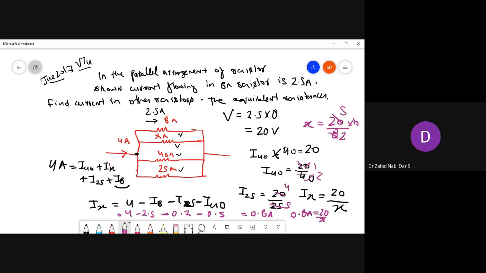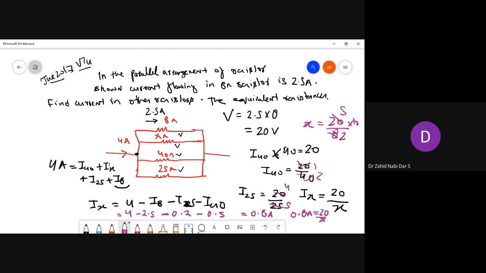Sir, I got Ix is equal to 0.2. Sir, 4 by 5 is equal to 0.8, sir. I of 25 is 0.8 of 20 by 25, sir.